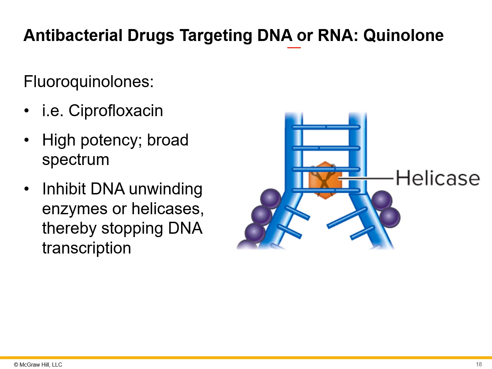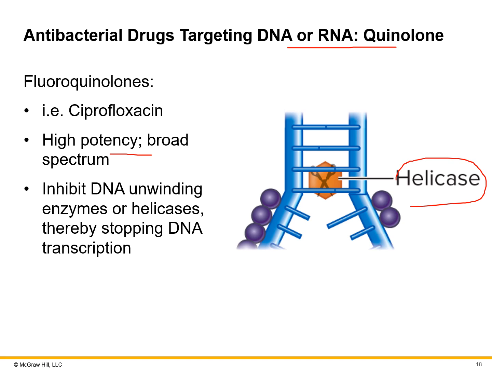Then as far as targeting the DNA or RNA, the quinolones, so fluoroquinolone, for example, like ciprofloxacin, it's very potent, again, broad spectrum because most bacteria replicate the same way. It inhibits an enzyme called helicase that unwinds DNA.